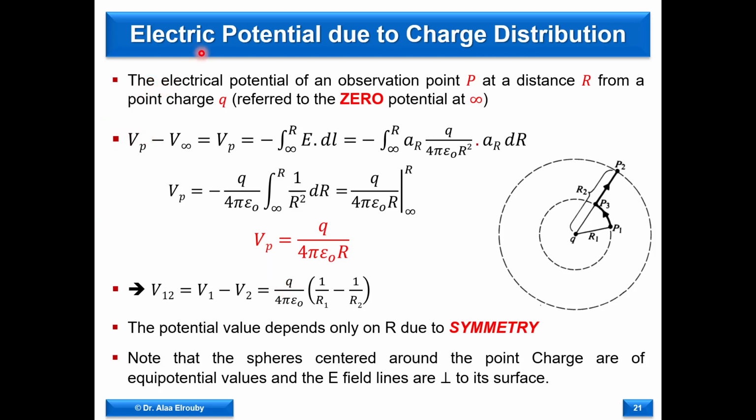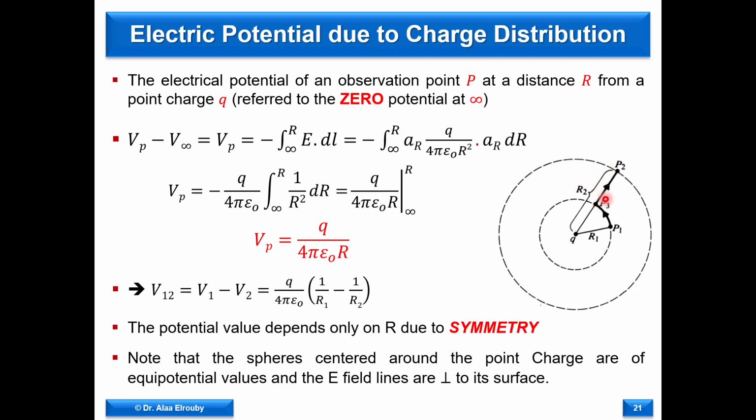Let us talk about the electric potential because of a point charge. Again, we want to reach the case of electric potential due to a charge distribution. We start with the simplest case, a point charge at the origin, and then we want to find the electric potential at any point that is a distance r from this point charge.